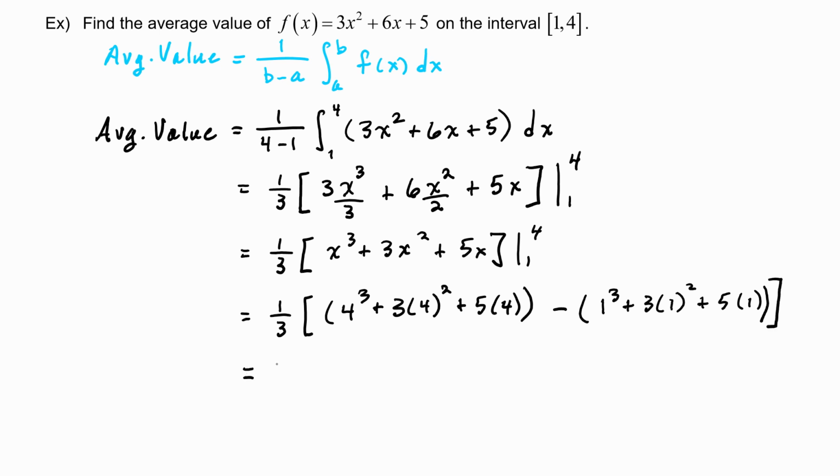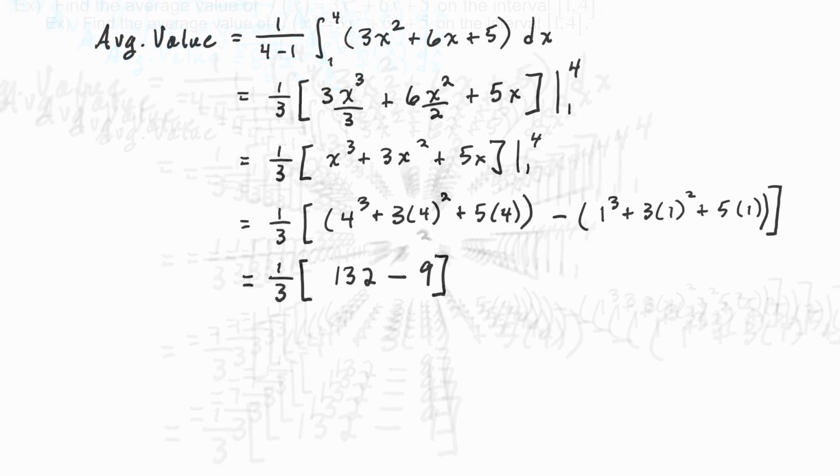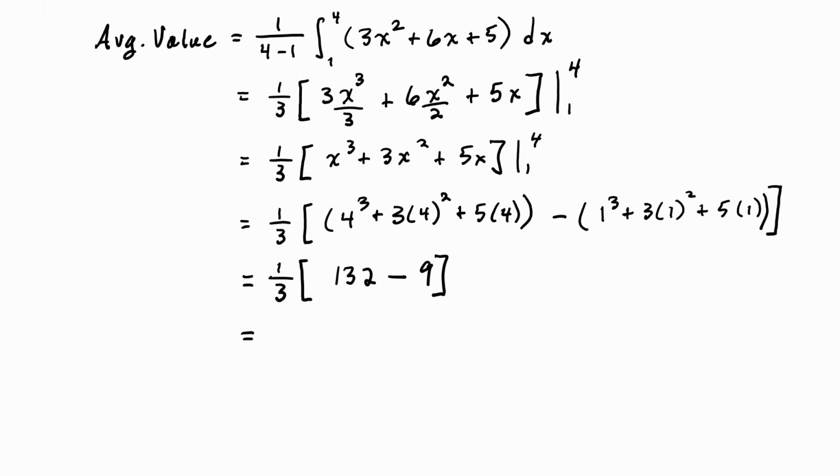Let's continue to simplify. Bring down the equal sign and the 1/3. Now 4 to the 3rd plus 3 times 4 squared plus 5 times 4 works out to be 132. Bring down this minus sign, and then over here this adds up to be 9. Bring down our equal sign.